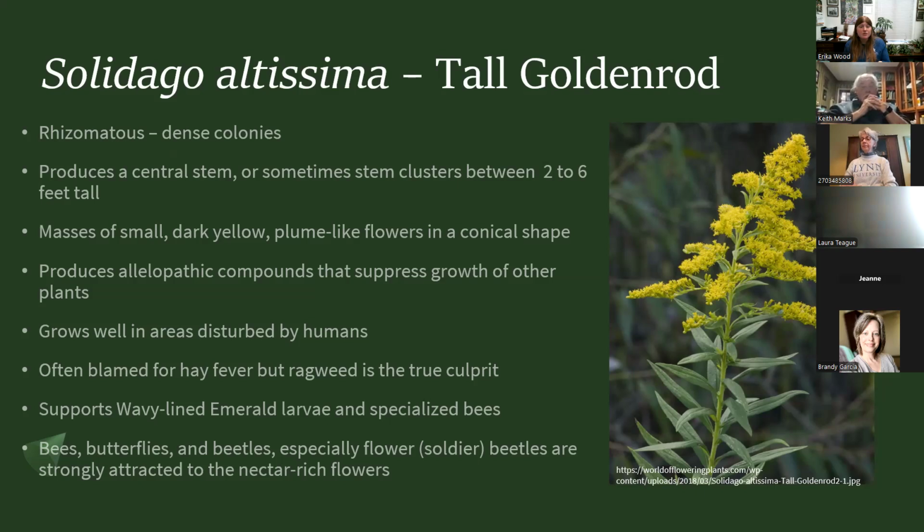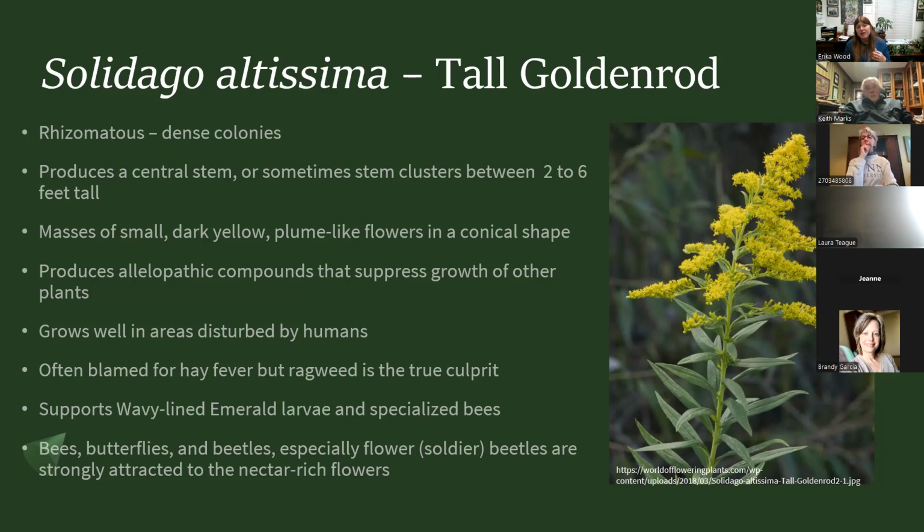Now, something else that's really interesting about tall goldenrod is that it has the ability to suppress the growth of other plants, and that's called allelopathy. We're actually learning about that a little bit in our book club with our In Defense of Plants book.